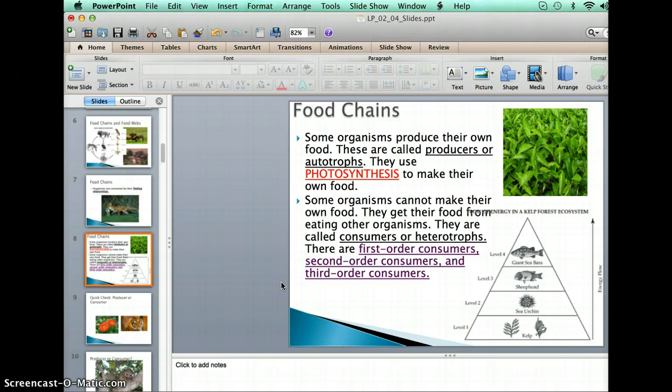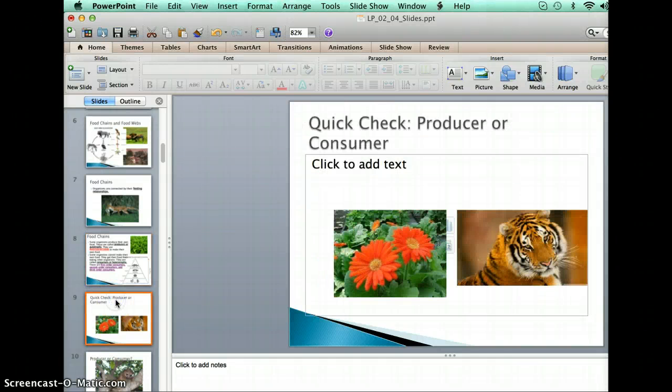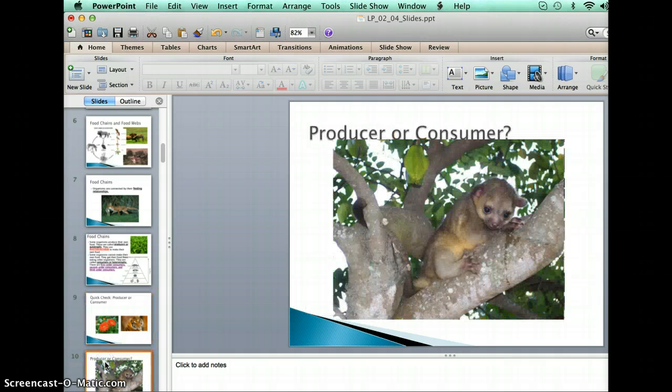Okay, so really quickly, find a spot on your notes. I know there's not a lot of room, but maybe at the top. We're just going to check really quickly that you understand the difference between producer and consumer. For each picture, write down if it's a picture of a producer or a consumer on your notes. There's two pictures here. Write down if each picture is a producer or a consumer. Okay, the next one, write if it's a producer or a consumer.